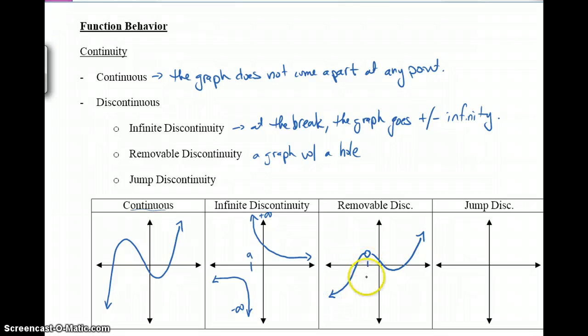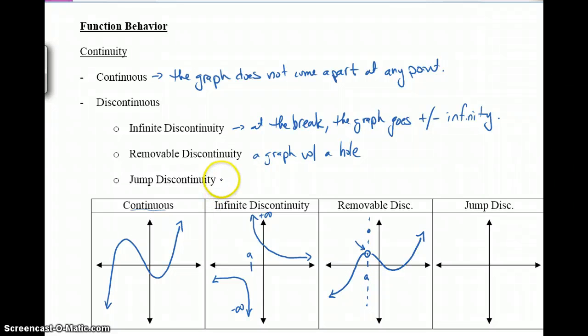So at this point, again we'll call it A, the graph is undefined. Now sometimes with the removable discontinuity, we might have another point up higher, so that it is defined, it's just the main graph has a hole on it. We can see the hole right there.